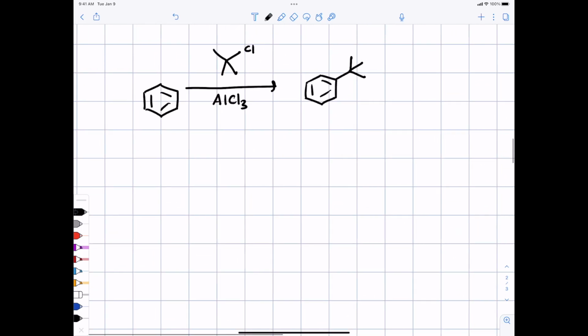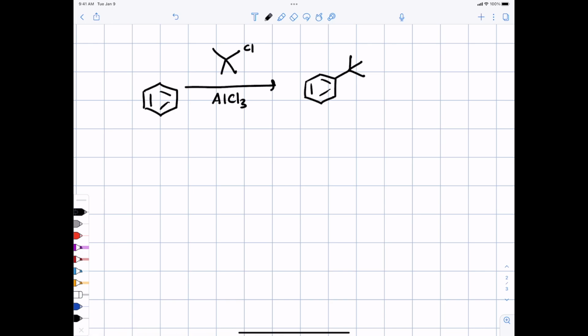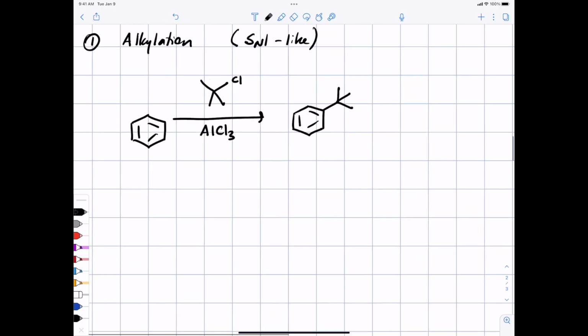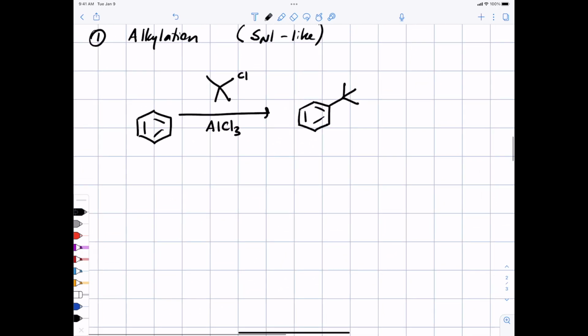Mechanism for this reaction can be complicated. It honestly depends on the structure of the alkyl halide. So let me show you the one that seems to make the most sense, and there's evidence for this mechanism in the sense that there's evidence for a carbocationic intermediate.